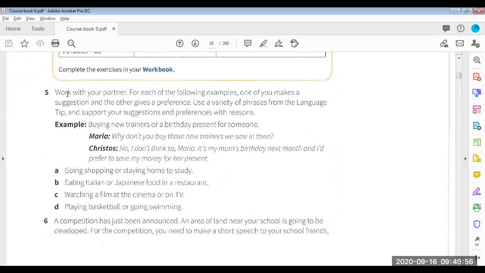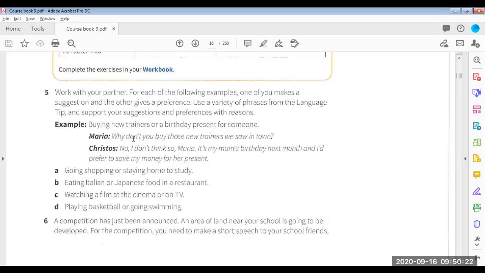Then after that we discussed activity 5, in which I gave the class some suggestions. I made some suggestions, and the students replied to me with their preferences. For example, I asked them, how about playing basketball later today?